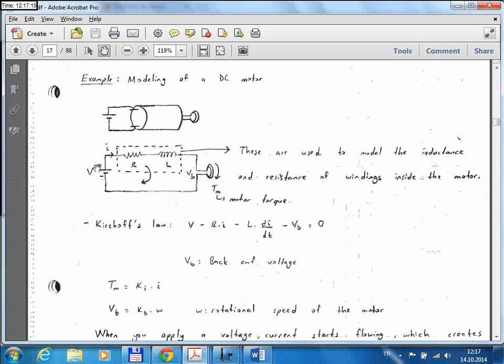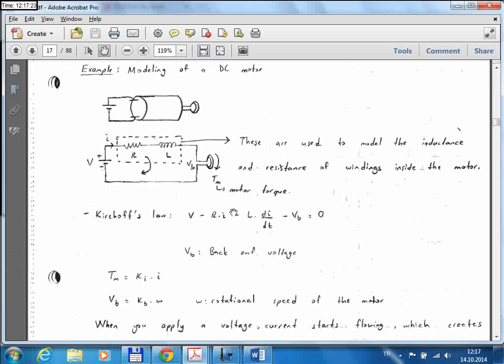Suppose V is equal to 0. You didn't connect any voltage, and somehow the motor starts turning, which creates an omega. This is the rotational speed of the motor, and that will give you some voltage. This back EMF voltage now will be appearing here.